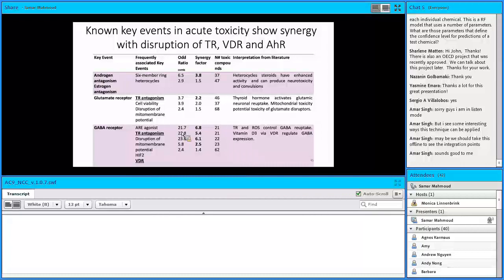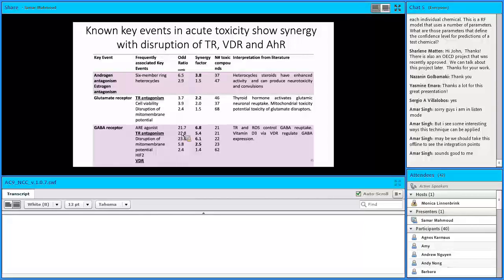And here are some of the interesting and frequent synergistic examples that we found in our rules from the available data. Interestingly, we saw a dominance of nuclear receptor activity, although nuclear receptor disruptions such as androgen or estrogen activity on their own would not describe how compounds will show acute toxicity. They are more associated with chronic effects.